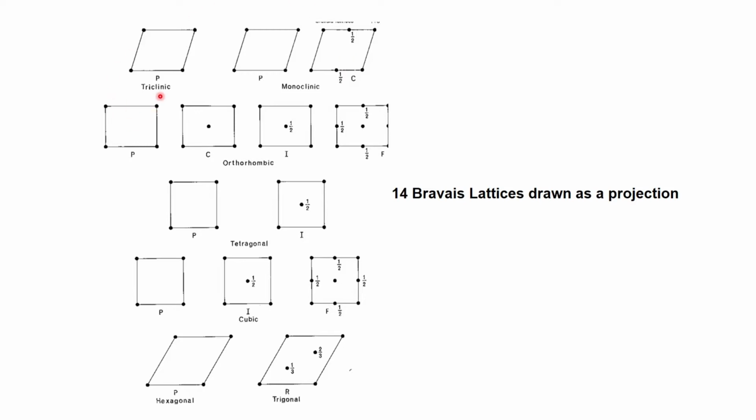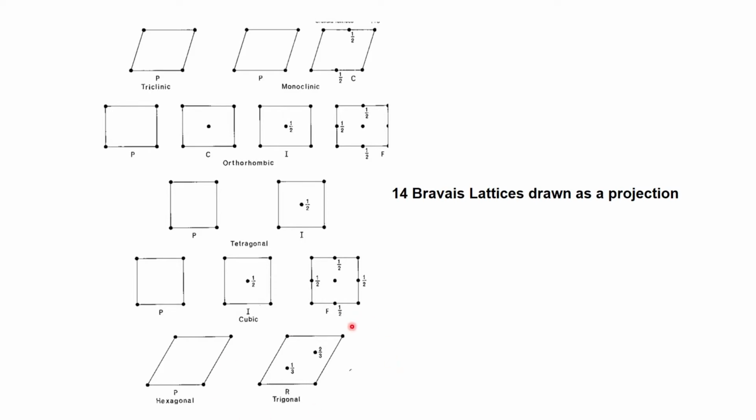So, triclinic has one Bravais lattice, monoclinic has 2 Bravais lattices, orthorhombic will have 4 Bravais lattices represented in 2 dimensions here, tetragonal has 2, cubic has 3, hexagonal has 1.